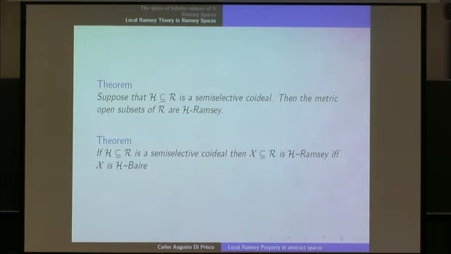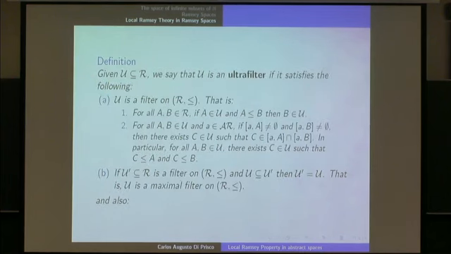We believe that there is also the reciprocal of this. If we have this property for a coideal H, then the coideal must be semi-selective. But the proof hasn't been written, and I think this requires only that these sets are both closed in the collection of sequences of finite approximations. So I'm not claiming it now, but I think it can be proved.